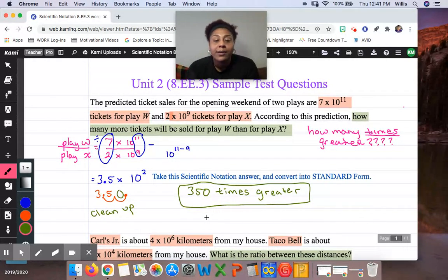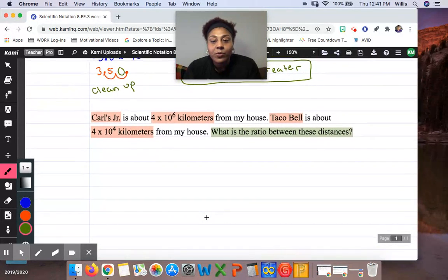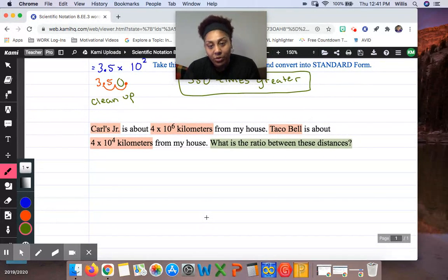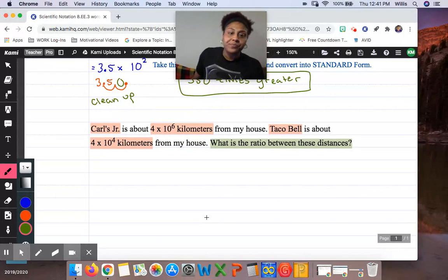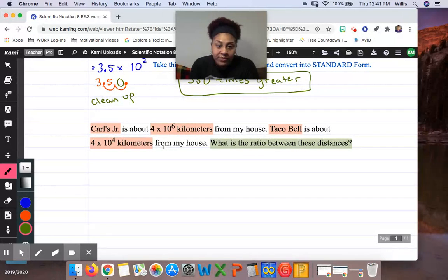And then scrolling down, when we get to the ratio one, Carl's Jr. is 4 times 10 to the 6 kilometers from my house. Taco Bell is about 4 times 10 to the 4 kilometers from my house. What is the ratio between the distances? So all we have to do is, again, what was first, what was second.